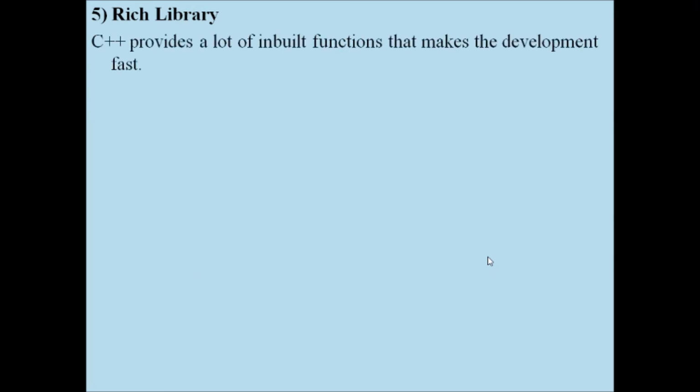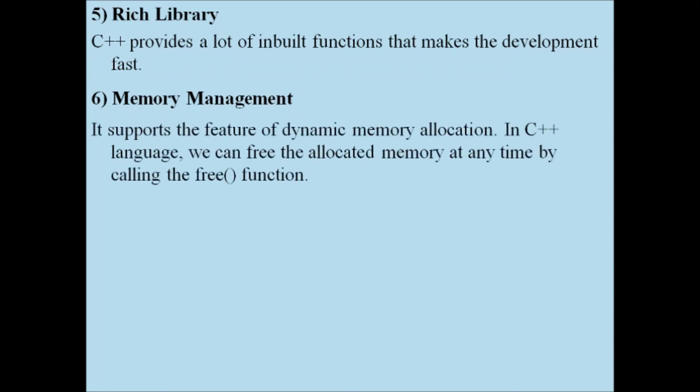Next feature is rich library. Library in the sense built-in functions are called library. Here the language C++ has rich library functions. Next feature is memory management. Memory management in the sense the language supports dynamic memory allocation.